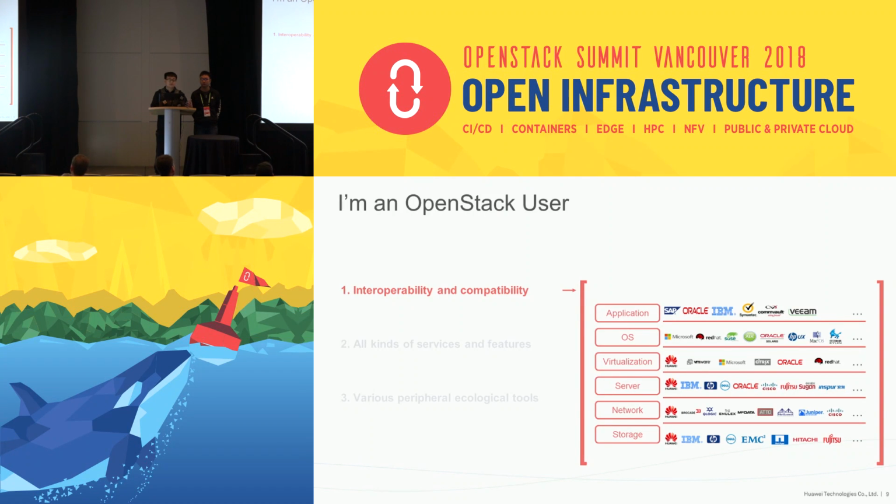So let's start first with the users. The most obvious benefit from using OpenStack-based public cloud is interoperability and compatibility across all OpenStack-based clouds and the related technology and hardware devices.